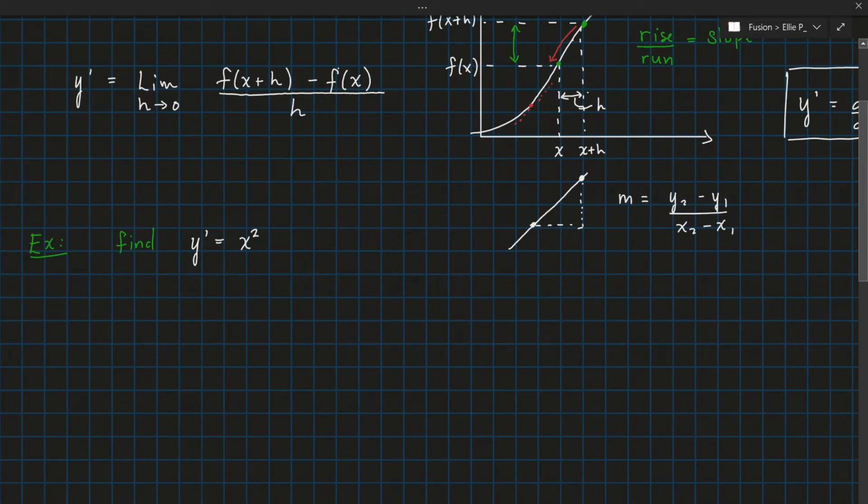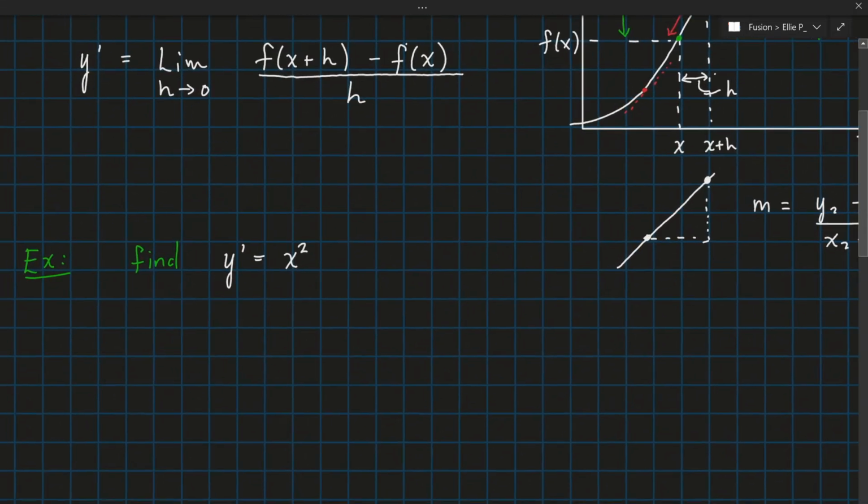So to do this, first, with any of these functions, you want to find y of x plus h. And literally all you have to do is where you find x, you just plug in x plus h, like so.